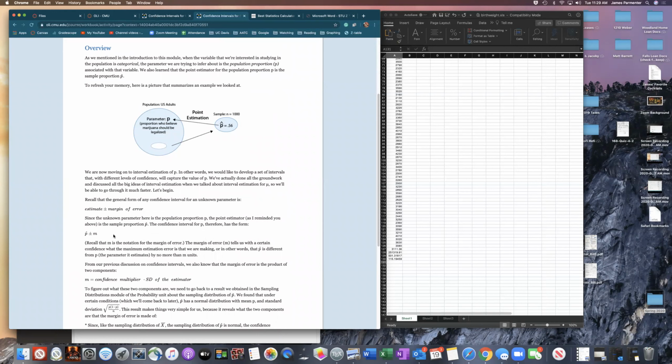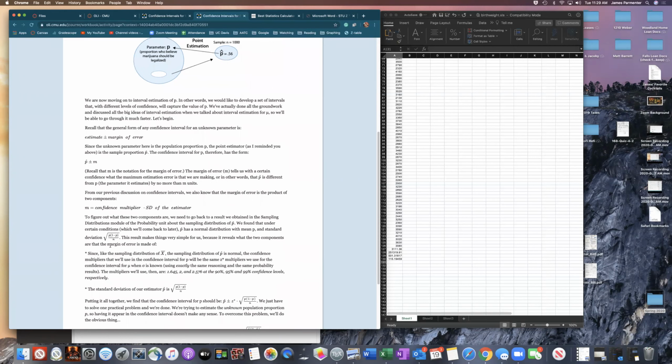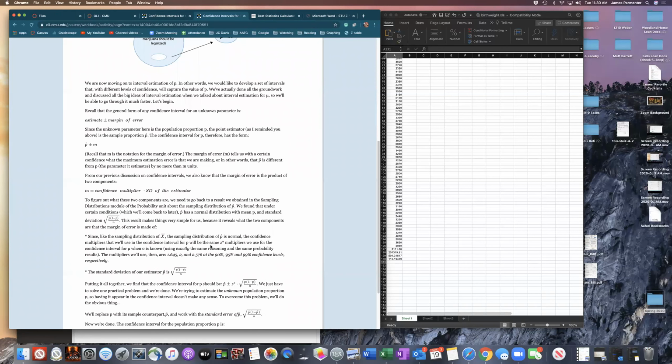So plus or minus the margin of error. The margin of error is the confidence multiplier times the standard deviation. Since the sampling distribution of P hat is normal, like the sampling distribution of X bar, the confidence multipliers that we use in the confidence interval for P will be the same Z star multipliers we use for the confidence interval for mu when sigma is known, using exactly the same reasoning.